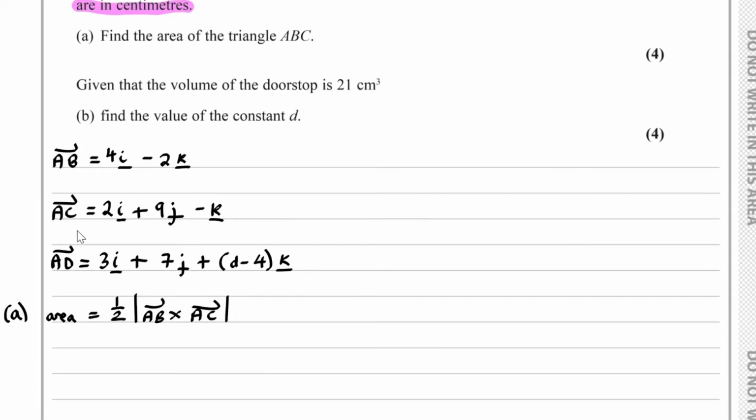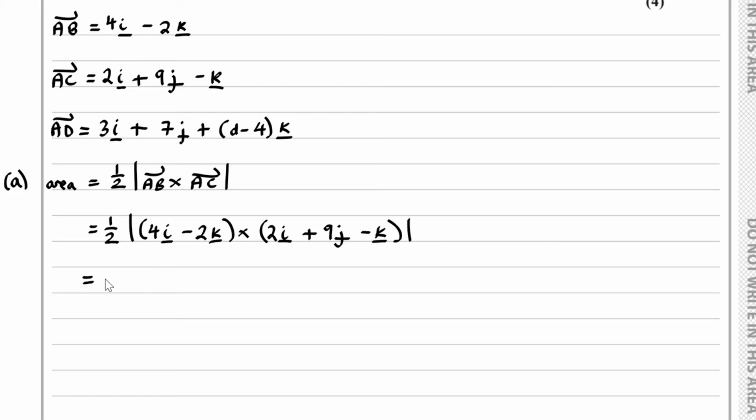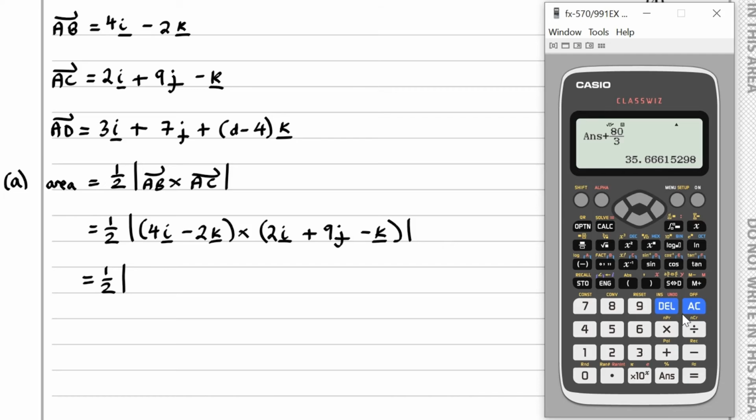So we have 1/2 times the magnitude of 4i minus 2k multiplied by 2i plus 9j minus k. So we have 1/2 times the magnitude of these two vectors multiplied together, so we can use our calculator to work this out.